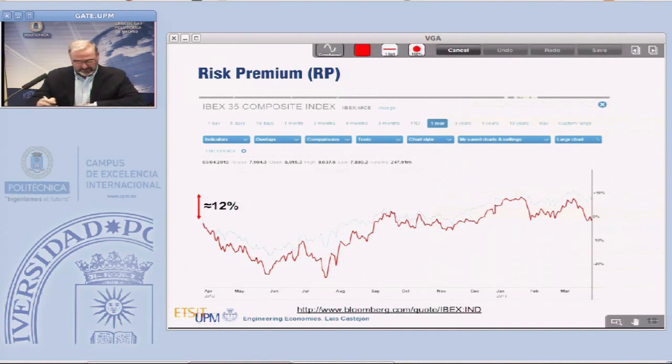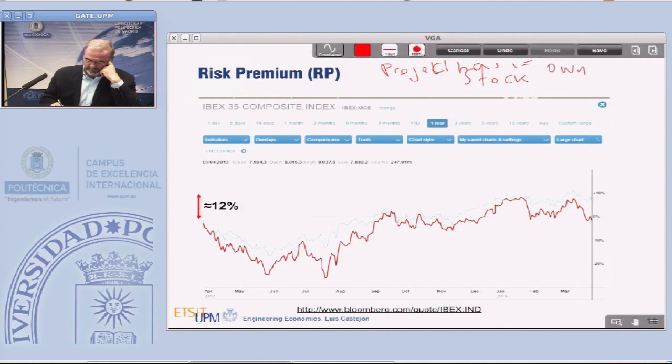You see here one way to estimate the risk premium. You can go to the stock market. Of course, an obvious question, perhaps not as obvious, is that every project has its own minimum attractive rate of return.